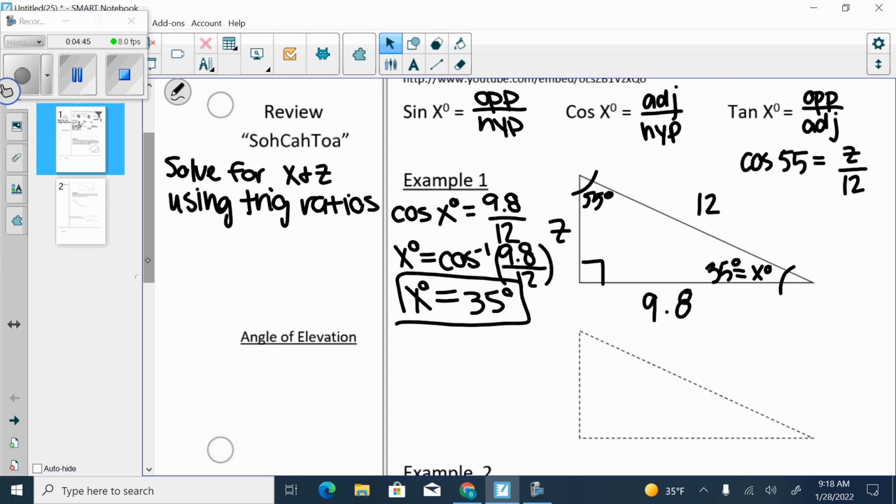All right, so how am I going to get rid of that divide by 12? Multiply, good. So I have 12 times cosine of 55 is equal to z. So approximately how long is z?